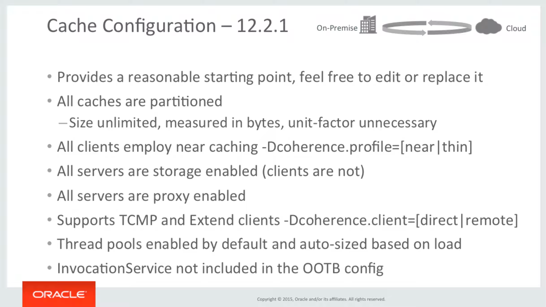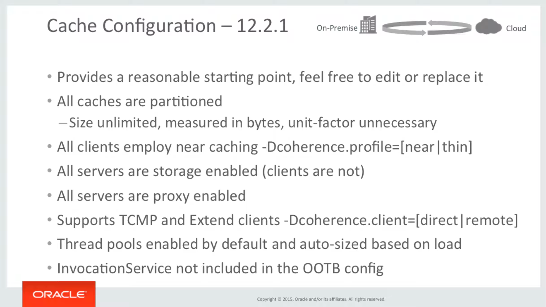So with 12.2.1, the way that the default cache config has been constructed is that only servers, or more specifically things that respect the auto start element of the cache config, are storage enabled, and things that don't respect the auto start are storage disabled. So what does that mean?